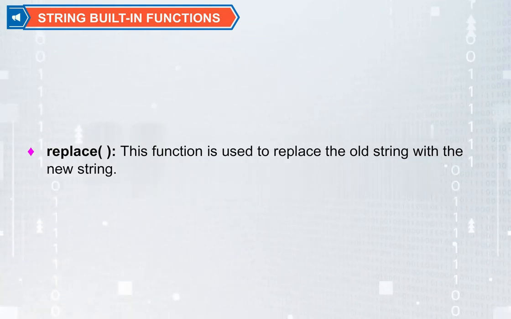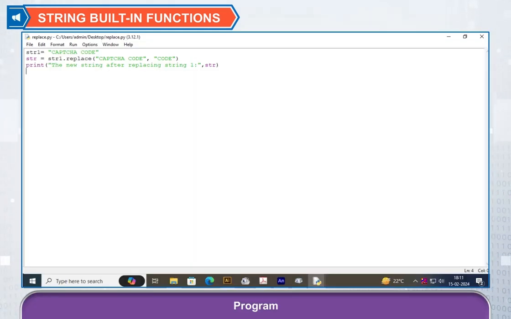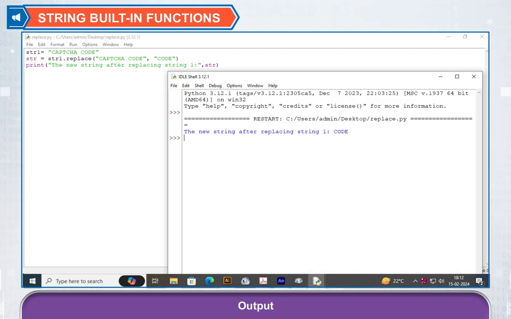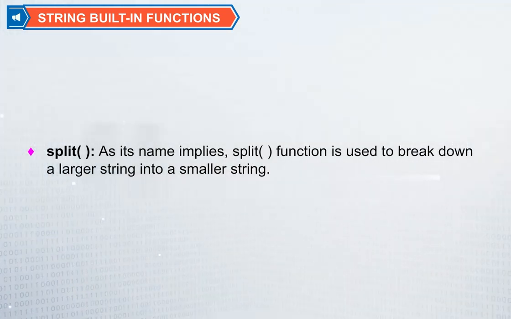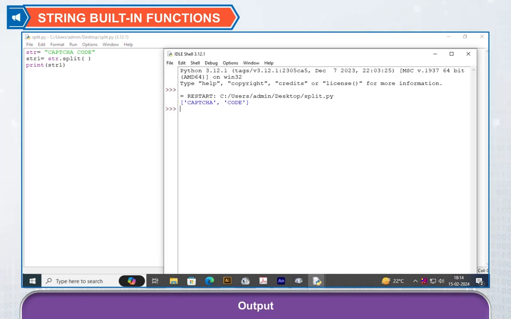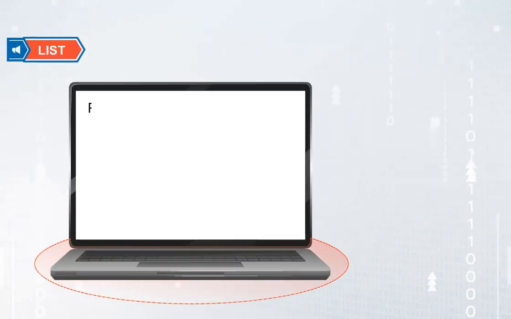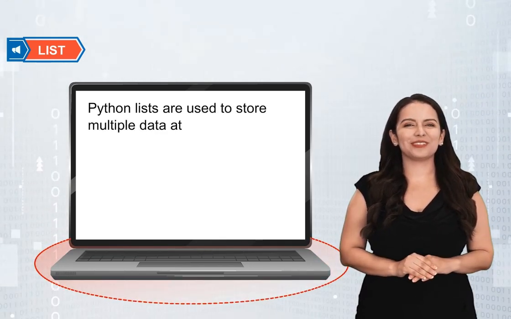This function is used to replace the old string with the new string. Program. Output. Split. As its name implies, the split function is used to break down a larger string into smaller strings. Program. Output.